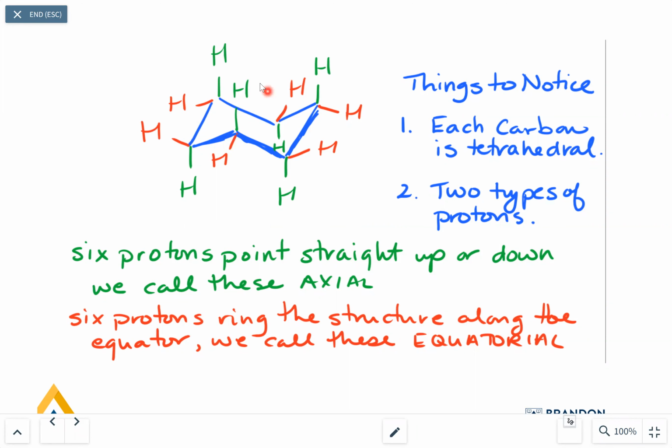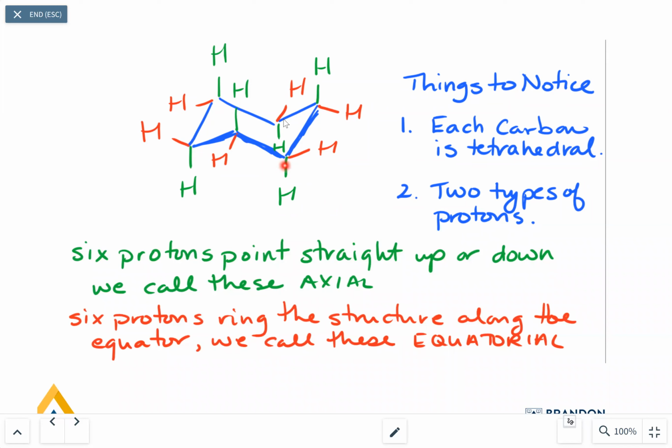Now, when you have a chair conformation, there are actually two different types of protons associated with the chair. The first set we call axial, which are in green, and there are three pointing straight up, 1, 2, 3. They're all on bonds pointing straight up, all on carbons that are peaks, as I would say, because they're higher than the other three.